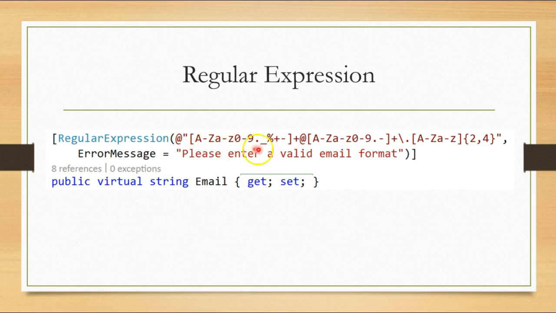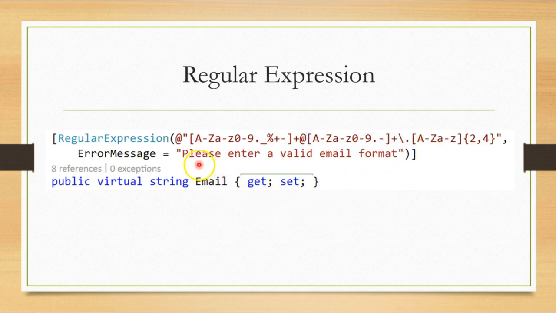I'm not going to explain all this, but regular expression is a property attribute that says we will check the formatting of whatever you enter here. Again, if you're interested in knowing more about regular expressions, you can Google that and see what options you have here.